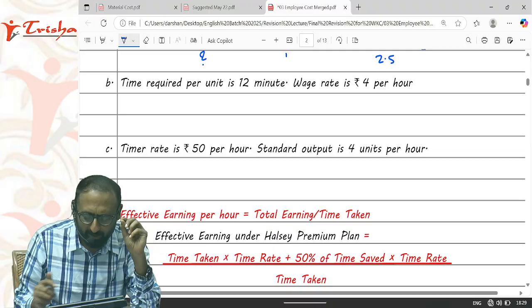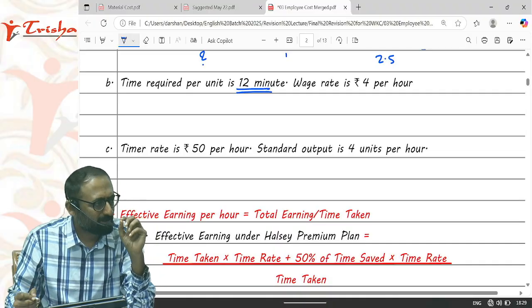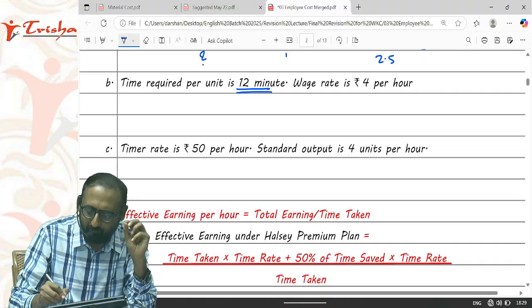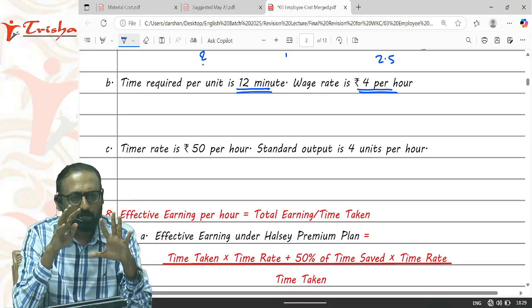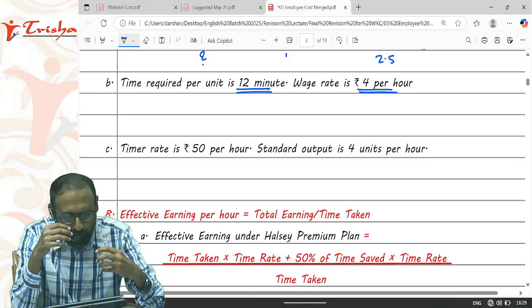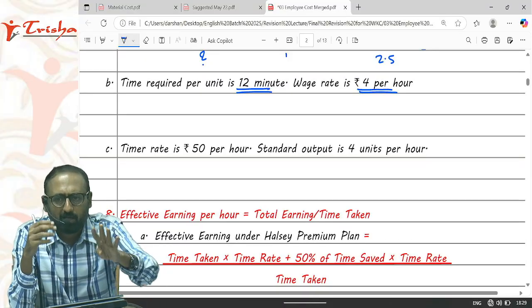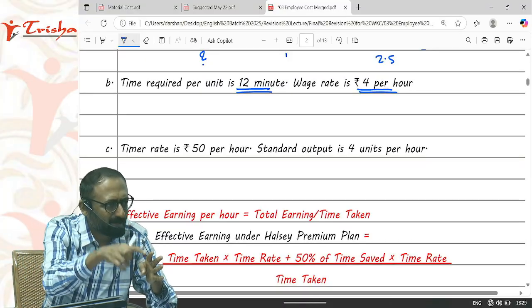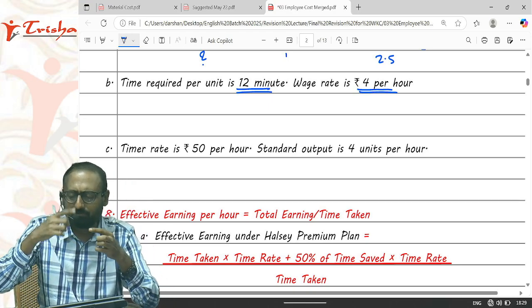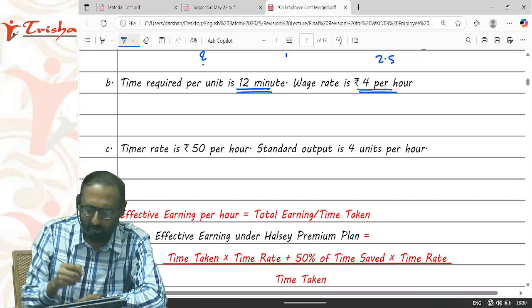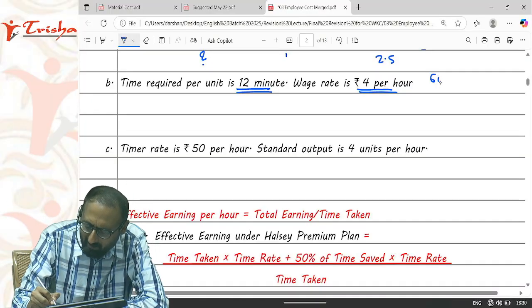Time required per unit is 12 minutes. Wage rate is 4 rupees per hour. So if the worker works for 1 hour, you pay the worker 4 rupees. Now you decide in that 1 hour how many completed units will be given by that worker to the employer. So it is very simple. 60 minutes are available. 1 unit requires 12 minutes.